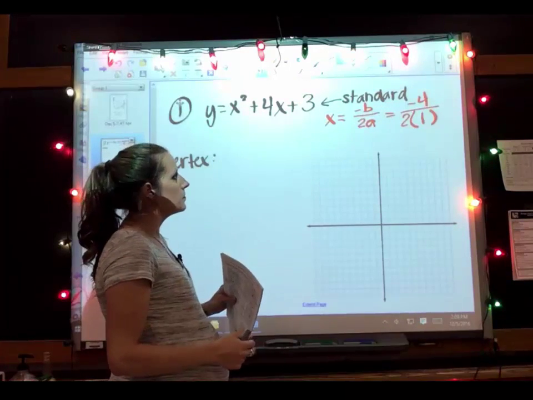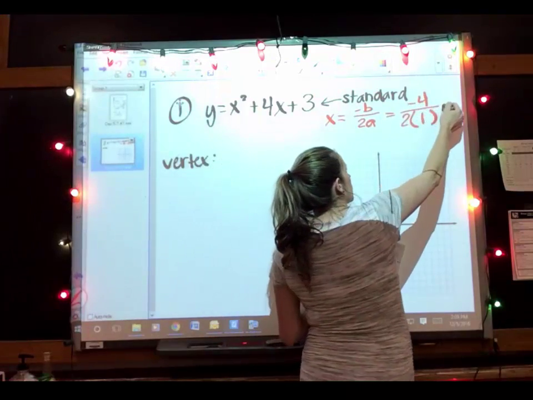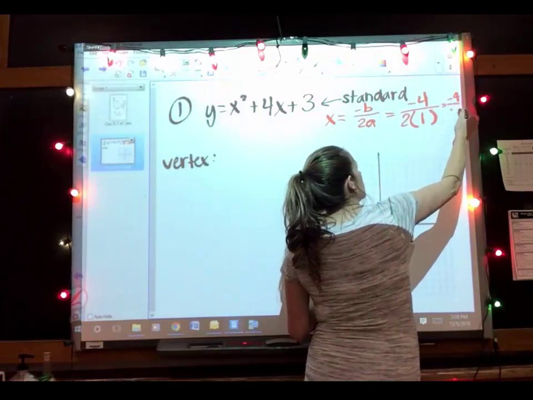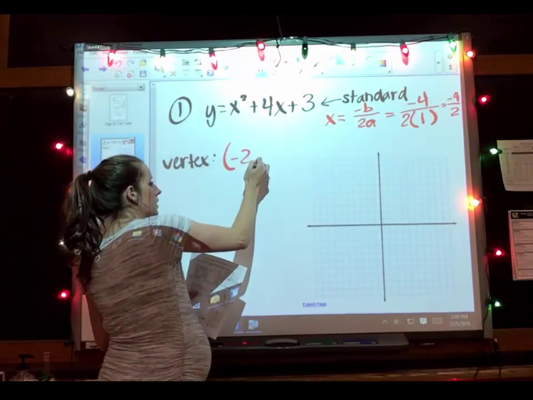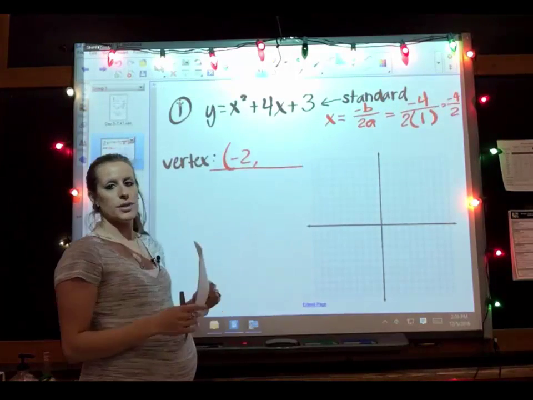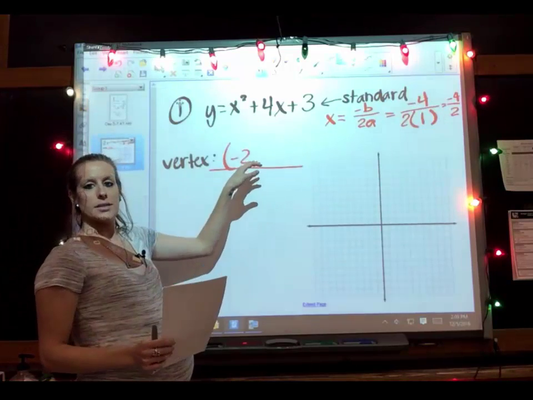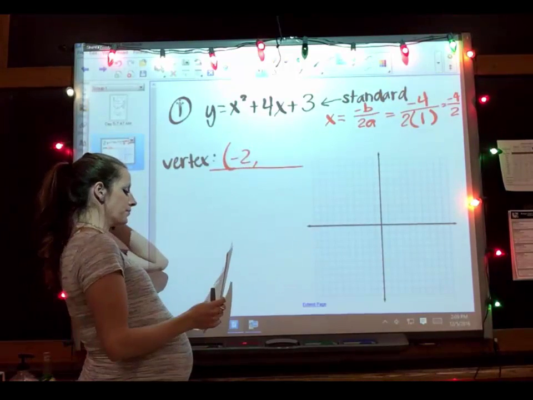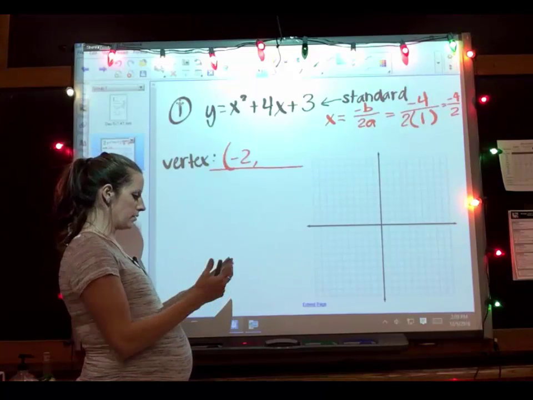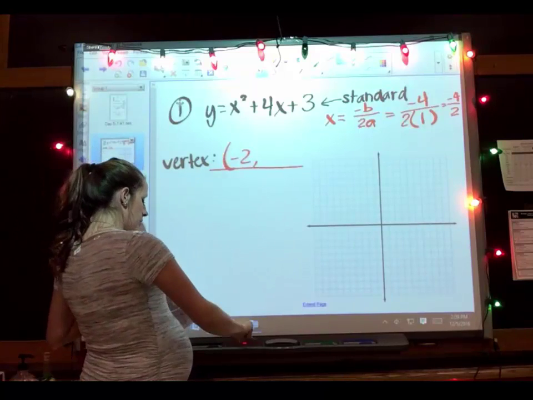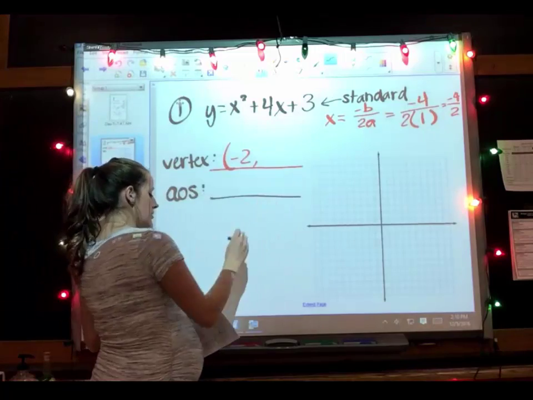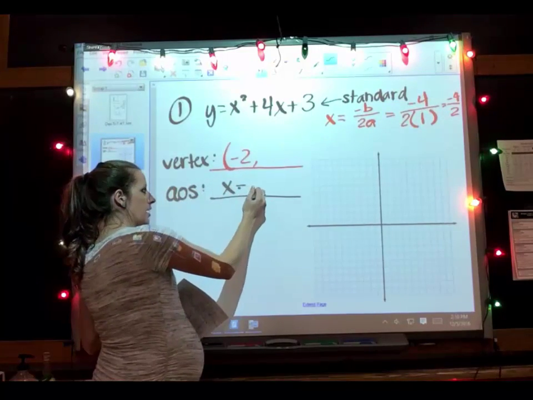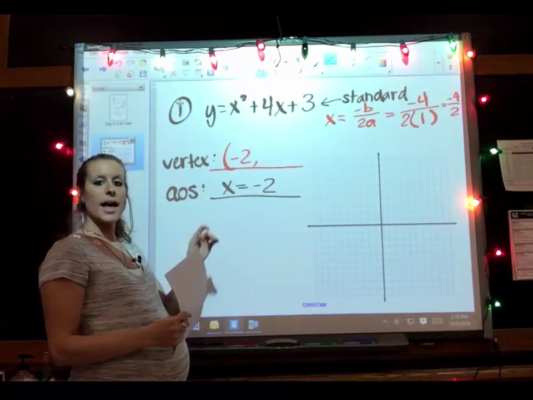What would that be? Negative 4 over 2, which is negative 2. So the x value of my vertex is going to be negative 2, which means my axis of symmetry will also be x equals negative 2. It's the x value of your vertex.